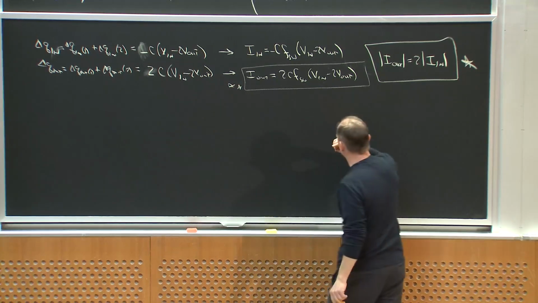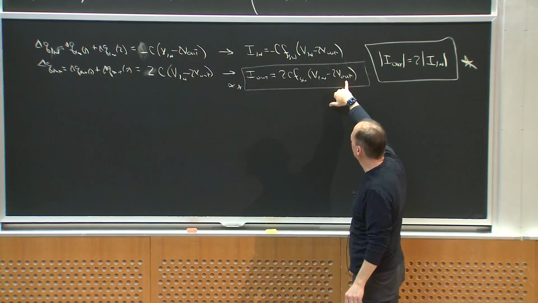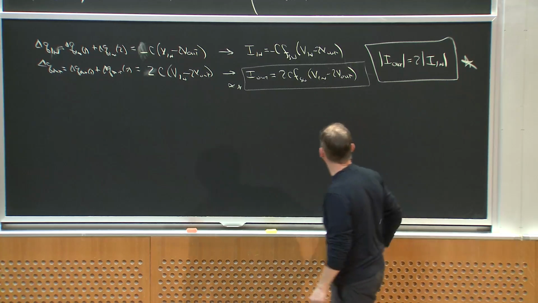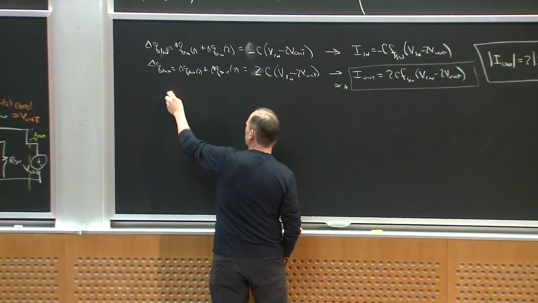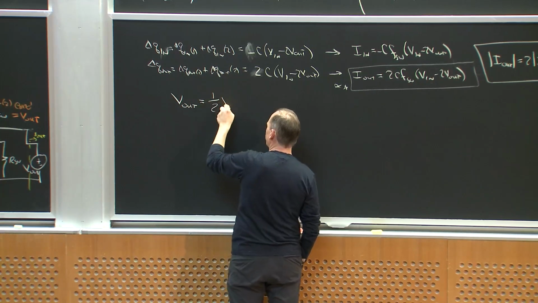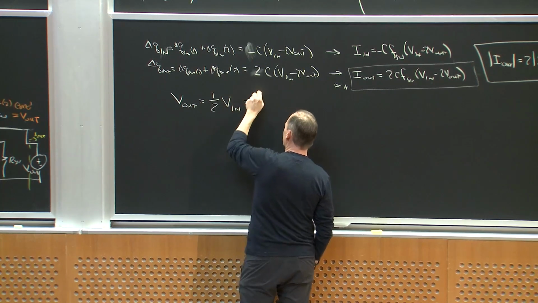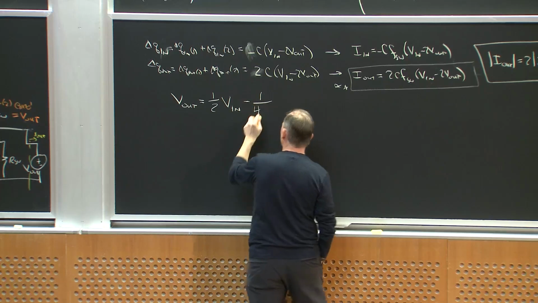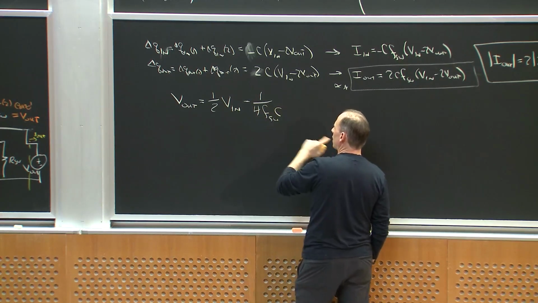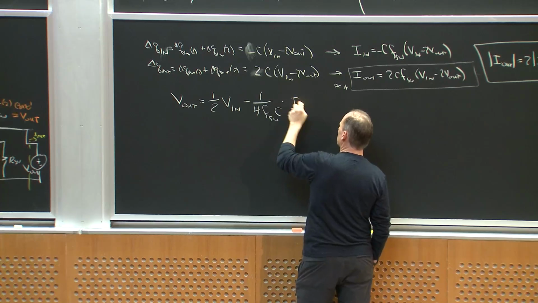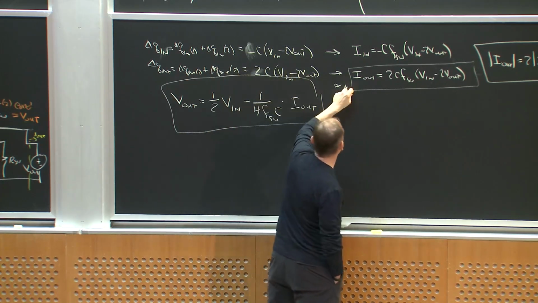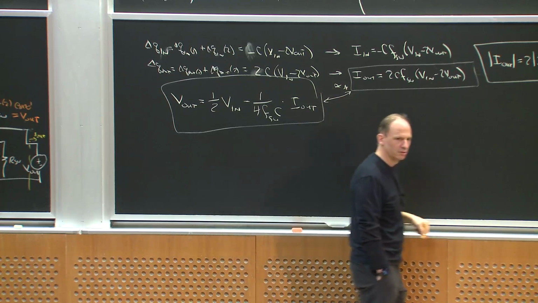I can rearrange this and solve for V out, and what I get is V out equals 1/2 of V in minus 1 over 4 F switch C times I out. This is an equivalent statement.